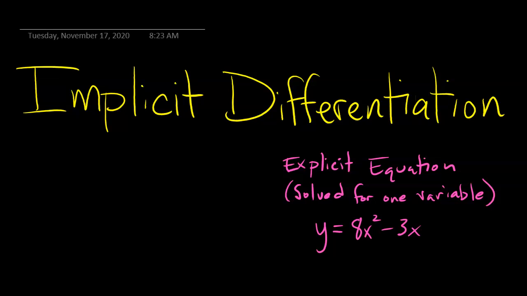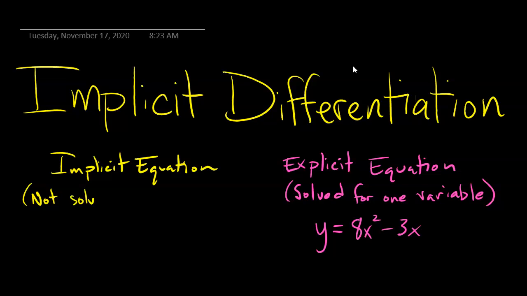So an implicit equation is one that is not solved for one variable. So a common style equation that you're probably used to is an equation for a circle.